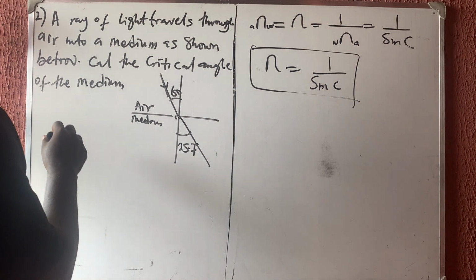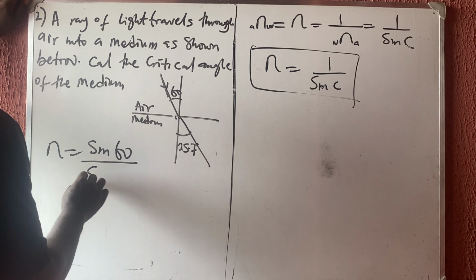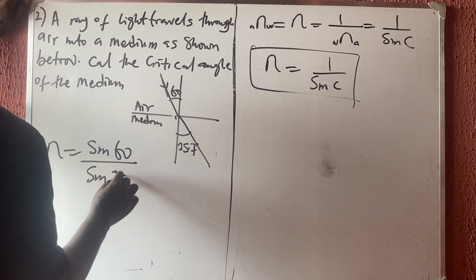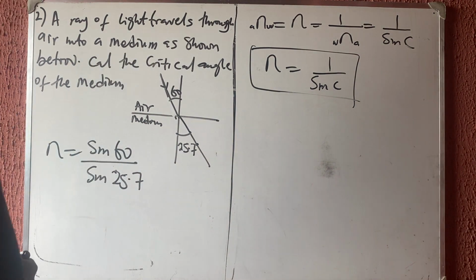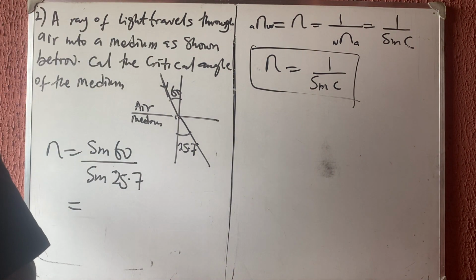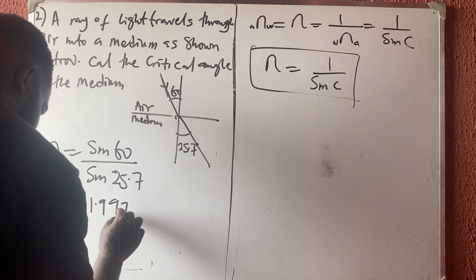Getting the critical angle is very simple. The first thing I need to get is my n. My n is sine 60 over sine 25.7, which is sine 60 divided by sine 25.7. I'm having 1.9970.